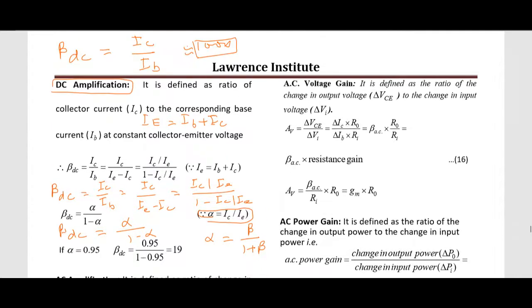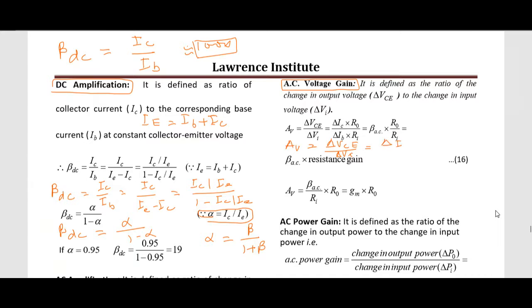Now the next factor is AC voltage gain. AC voltage gain AV is equal to delta VCE, the output voltage, divided by delta Vi.